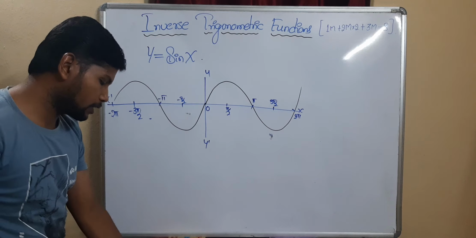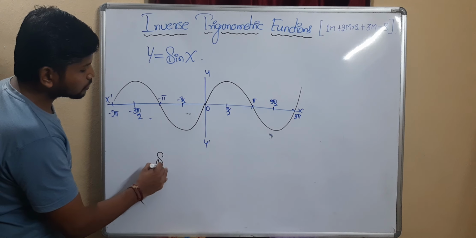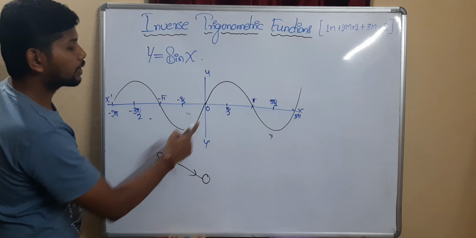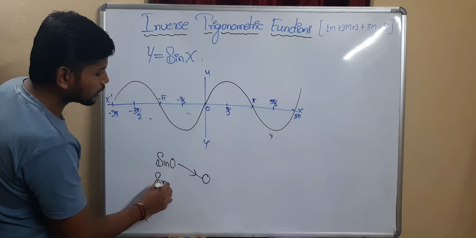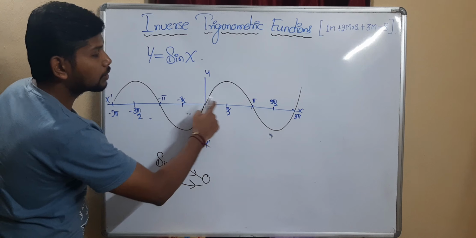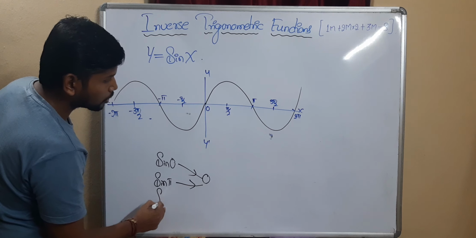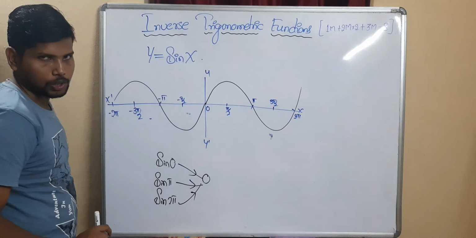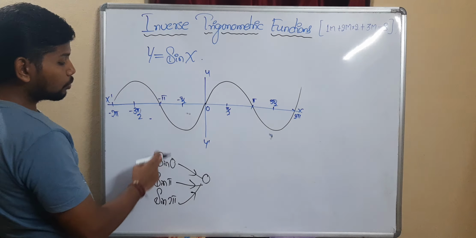And now you need to understand what is sine 0. Sine 0 is 0. Okay. Now what is sine pi? Can you say? Sine pi is also 0. What is the sine of 2 pi? That value is also 0. Got the point clearly? Both the values.